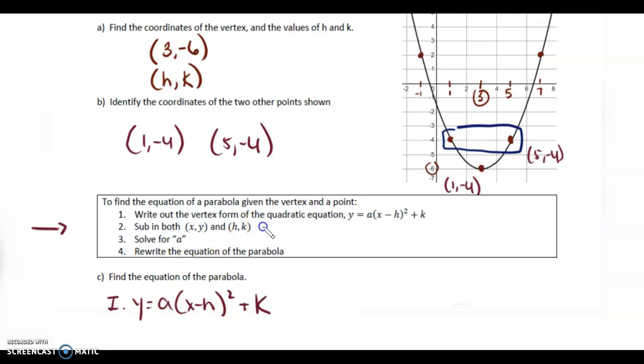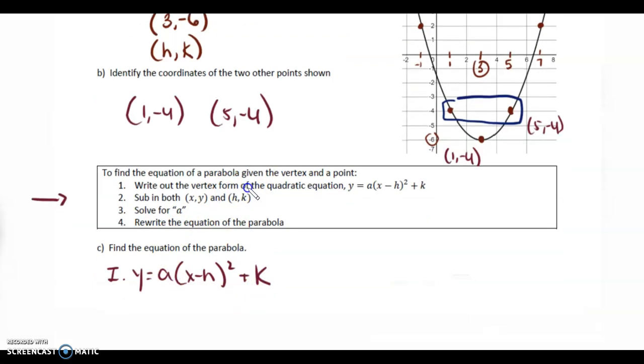This is the equation in vertex form. Okay, it's a quadratic equation. Now, what we want to do is sub in the h and the k. So for h, we're going to have 3. For the k, we're going to have -6. And we're going to sub in an x and a y.